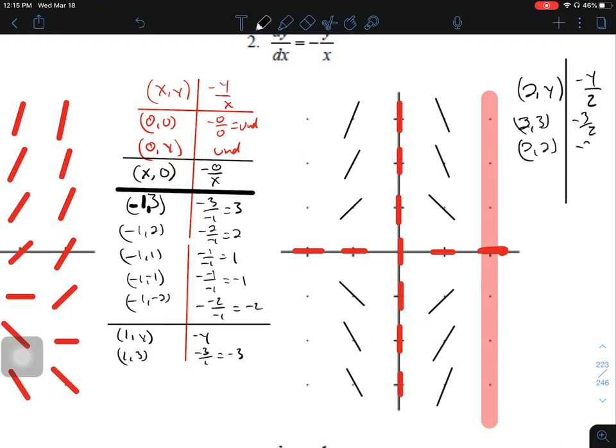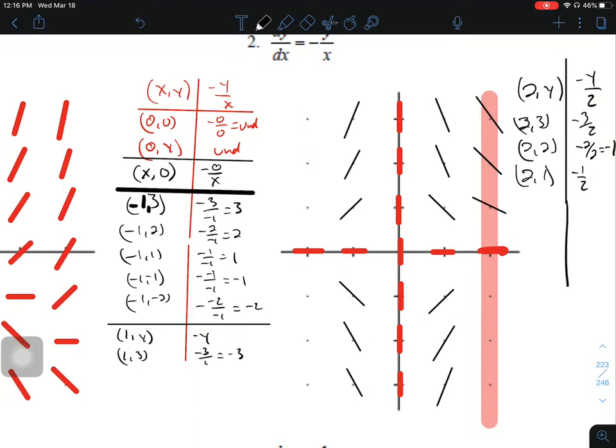At 2, it's going to be negative 2 over 2, which is negative 1. At 1, it's going to be negative 1/2. So we got a slope of negative 1.5, slope of negative 1, slope of negative 1/2.